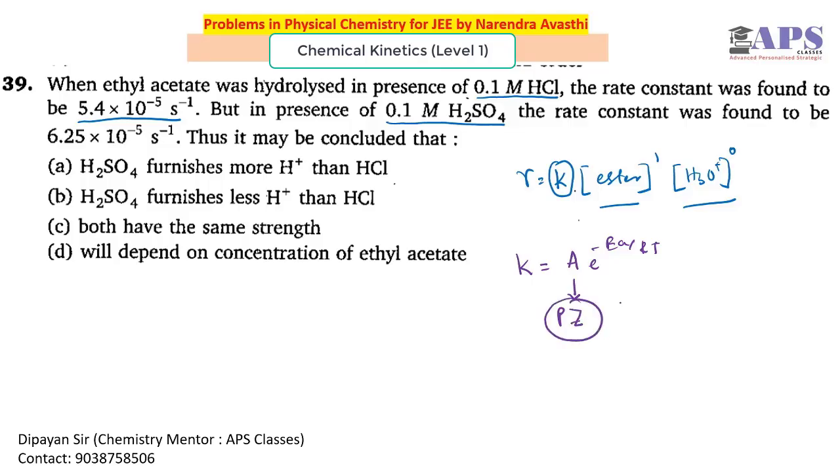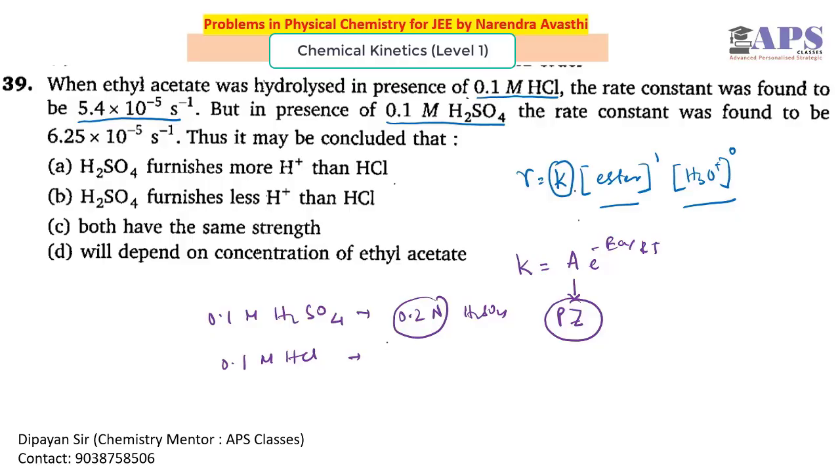So if we introduce 0.1 molar H2SO4, it indicates 0.2 normal of H2SO4. So the number of H plus is more compared to 0.1 molar HCl, because the valency factor or n factor of H2SO4 is 2.